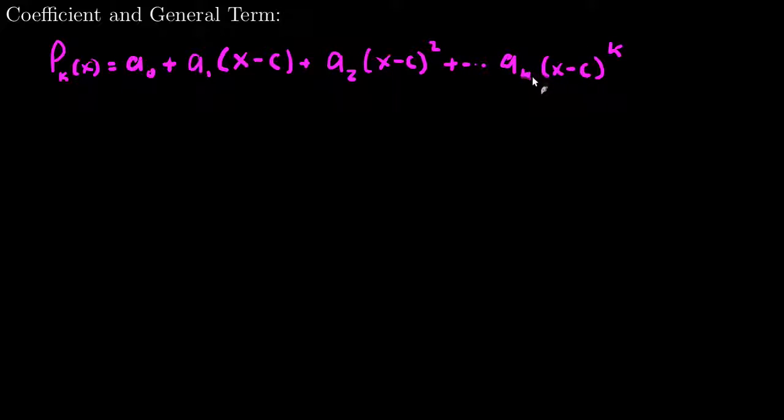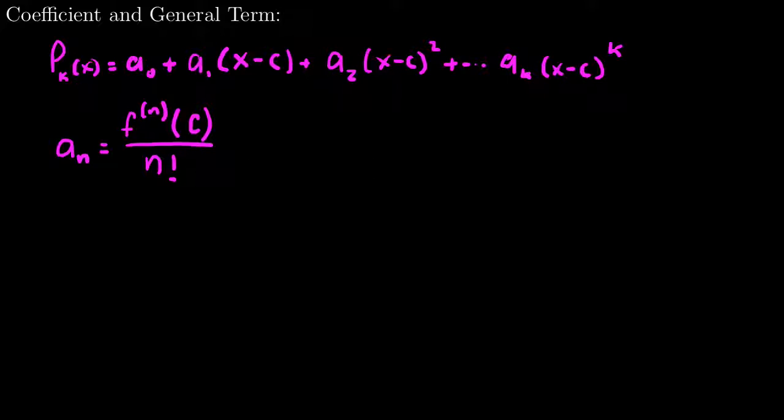And so, just like with Maclaurin series, the nth coefficient will be equal to the nth derivative, evaluated not at 0 but at c this time, divided by n factorial.